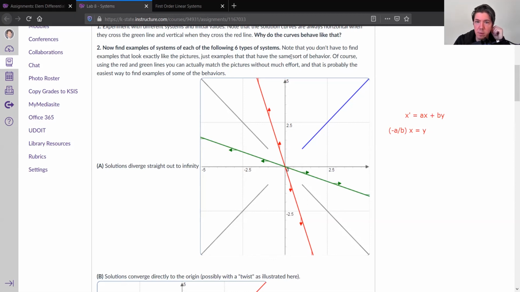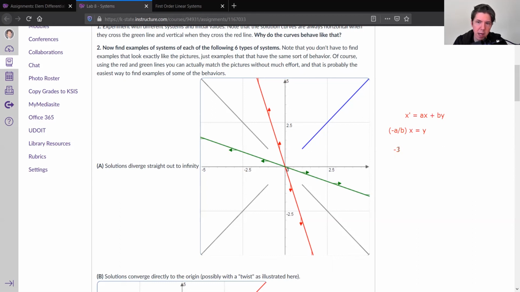If you look at the slope of this red curve, that slope looks to me very roughly to be, it looks like you go over 1 and down 3. So it's going to have a slope of negative 3. So that means negative a over b should be negative 3.